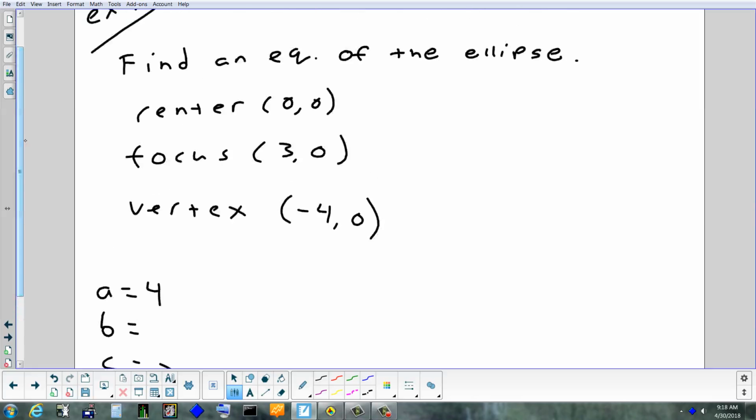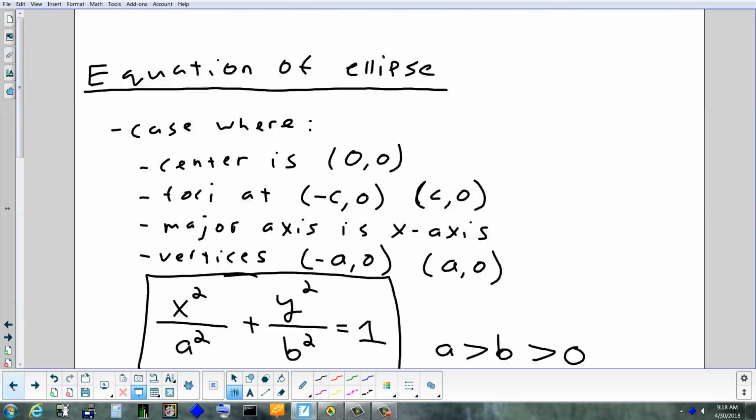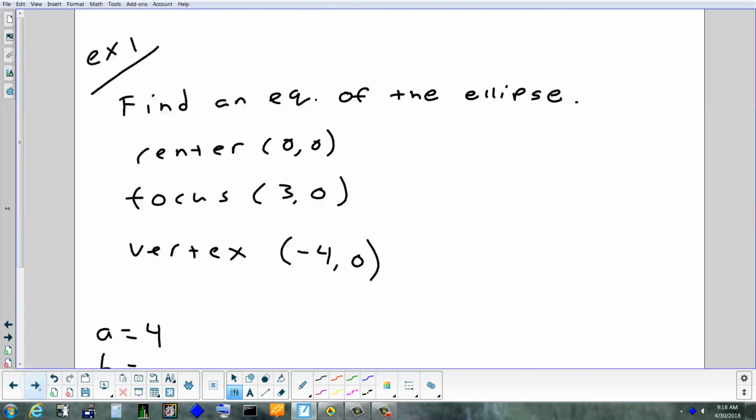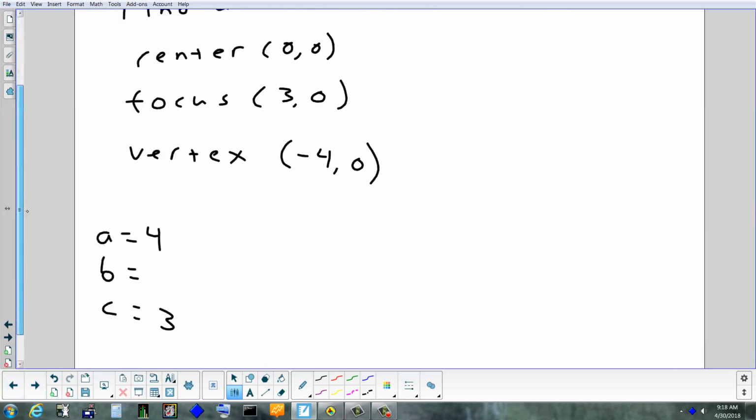Now, to write the equation has B in it. But I have A and C, so I can solve for B. We'll use our formula C squared equals A squared minus B squared. So C squared equals A squared minus B squared. Bring the 16 to the other side. Negative 7 equals negative B squared.